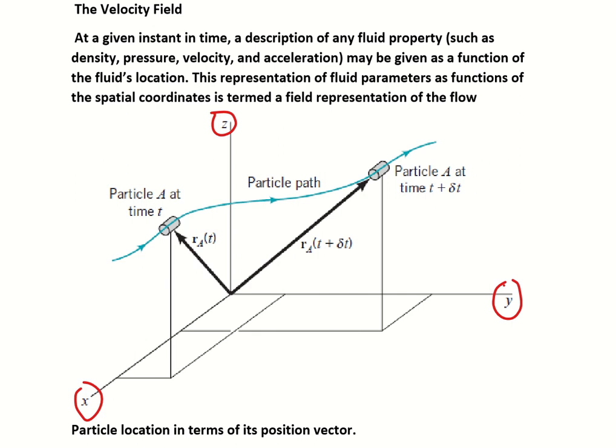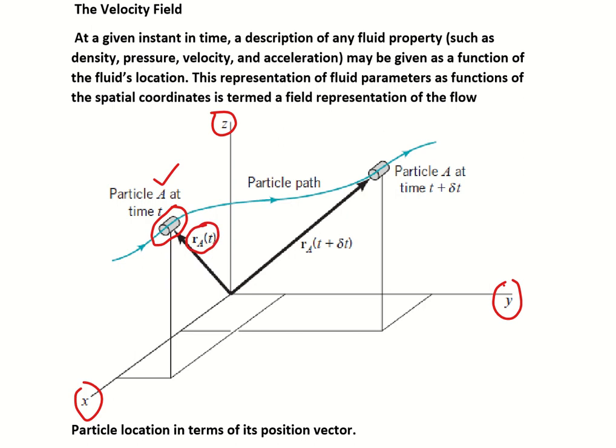and in this region some fluid particle occupies this position at certain time t, and name of this particle is, let's say, A. Then the position vector r_A(t) defines its position at this time.